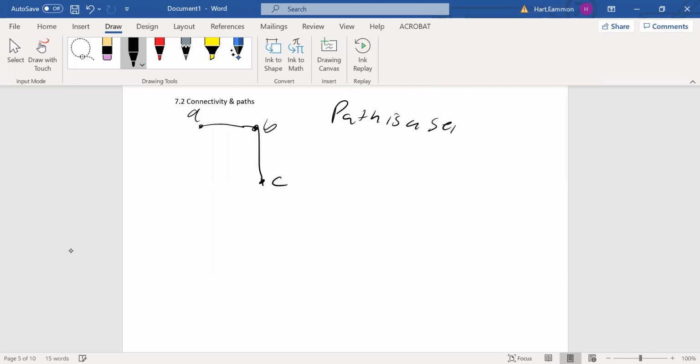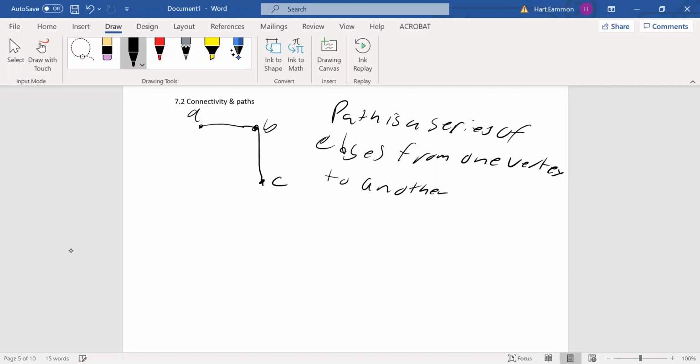So a path is a series of edges from one vertex to another, with the length being the number of vertices, or the number of edges.